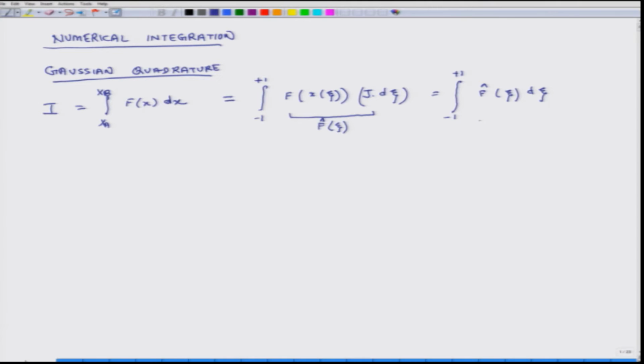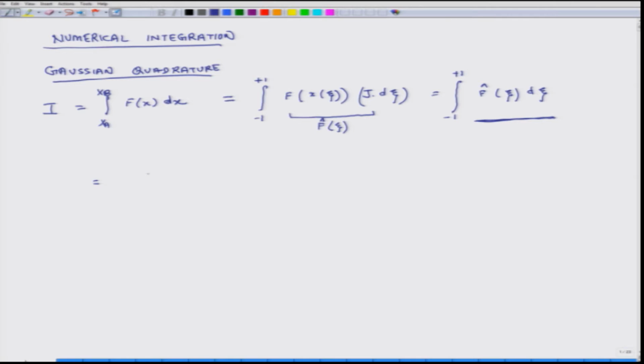So, now that I have transformed this integral in zeta space, then like other integration schemes, I can express this integral in terms of the values of the integrand at specific points times some weights, and if I add up all those weights, then I get the integral.